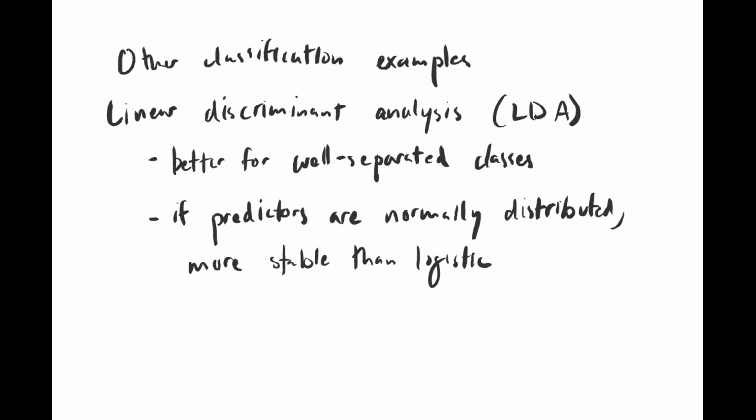Where was I? Okay, so I'll just reiterate my last point, which is that look at your data, look at your explanatory variables, and if the distribution of the data is normally distributed, then it may be a good idea to use an LDA as opposed to logistic regression. And it won't always be the case that your data is normally distributed.